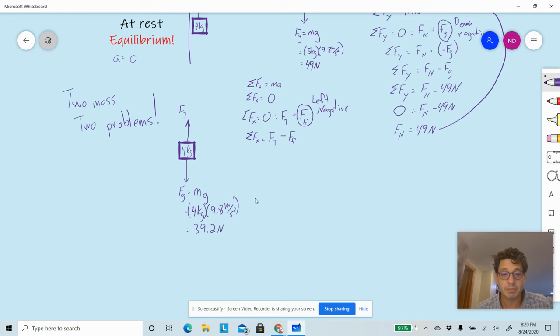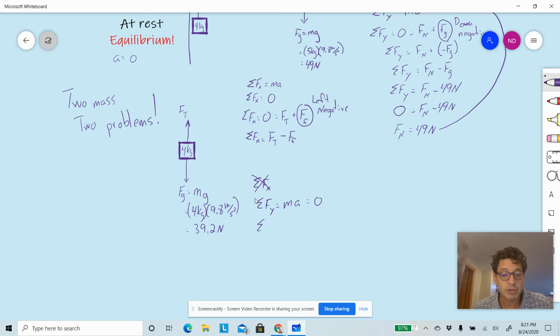I think this is obvious, again, what the force of tension is. There are no forces in the horizontal, so doing the sum of the forces in the x is kind of redundant. The sum of the forces in the y equals ma. It's not accelerating, so that equals 0.